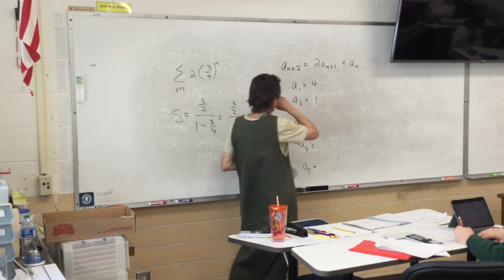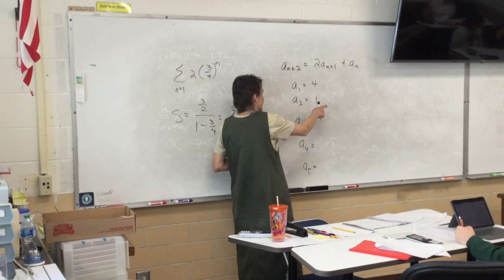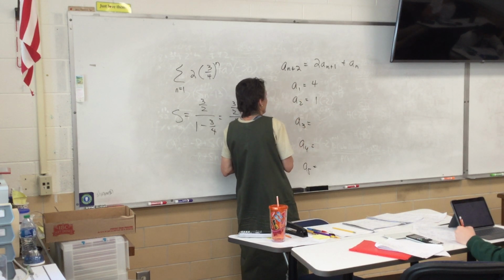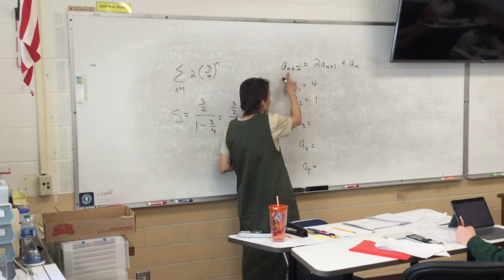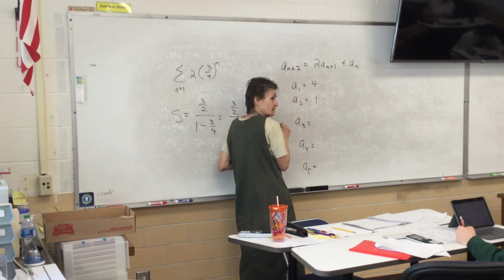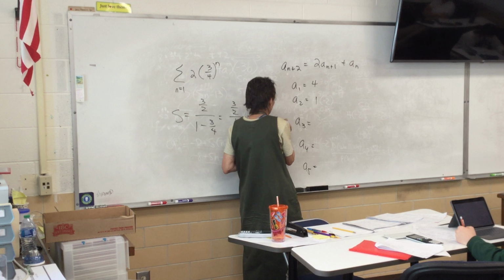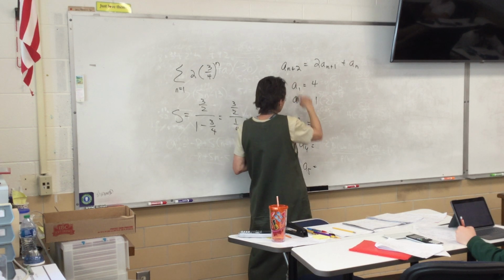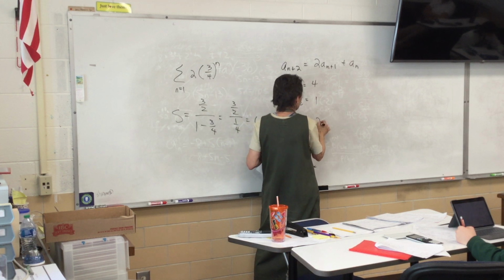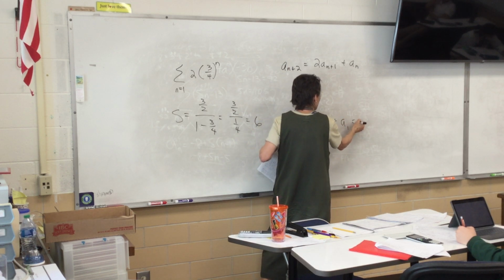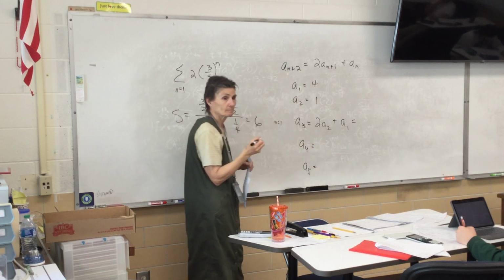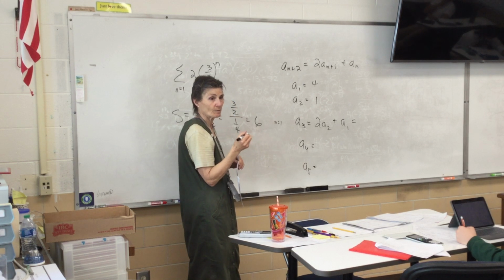What's the first term? Oh, it's 4. Second term's 1. Okay, got it. Third term. Well, to get the third term, I'm going to have to let n be 1. So if I let n be 1, it says the third term is 2 times the second term plus the first term. Would you agree with that?